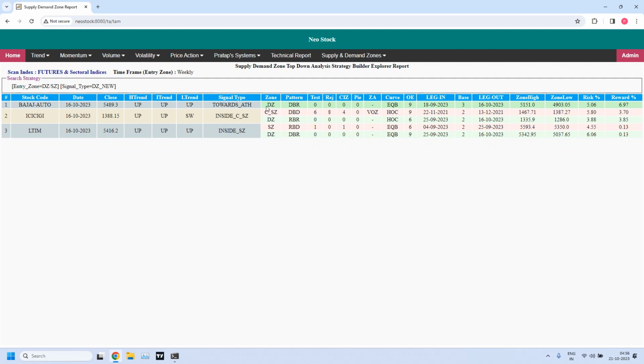The bright green color indicates it is an all-time high stock. That's why Bajaj Auto is not having a supply zone. And this all-time demand zone is created during this week.